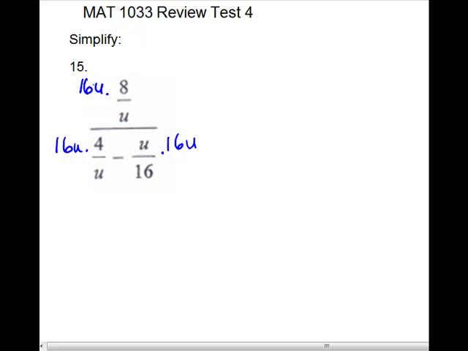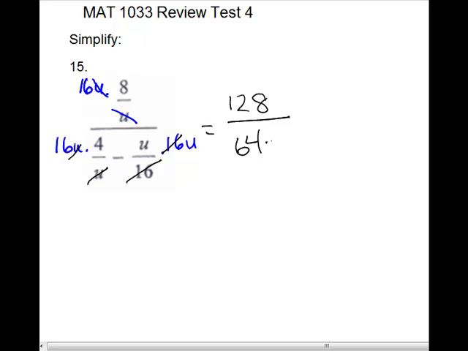So we'll clean up on the numerator. These are going to cancel. So I'm going to have 16 times 8, 128. And on my denominator, my u's are going to cancel. So I have 16 times 4. And on this one, the 16s will cancel.